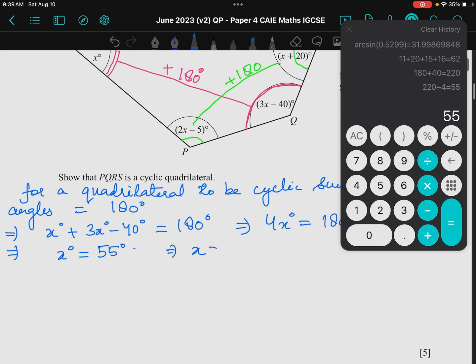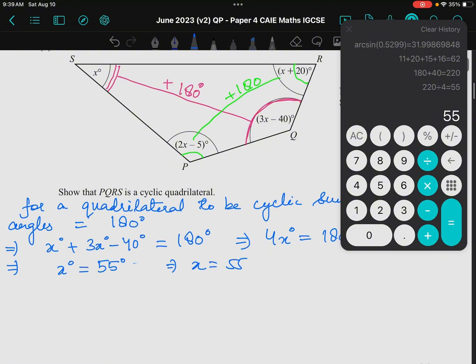Implies x is equal to 55. Now from here put this value of x to find the value of all the angles.